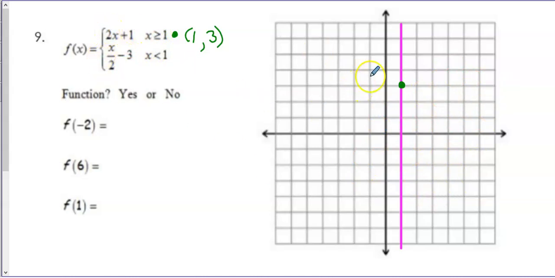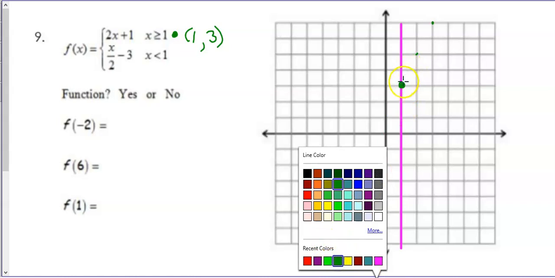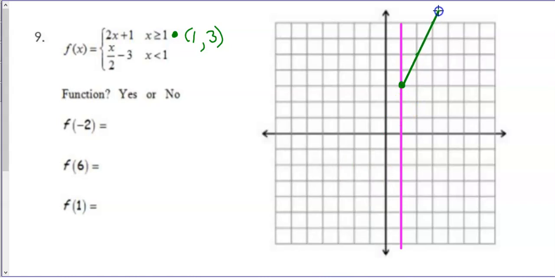It has a slope of 2, so I'm going to go up 2, to the right 1, up 2, to the right 1. So there's that part. Be careful that you look and see which side it's on. The other side is going to be to the left of the pink line.